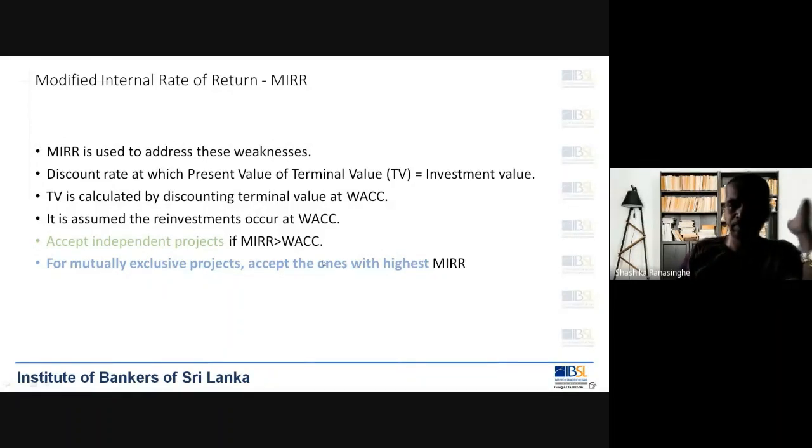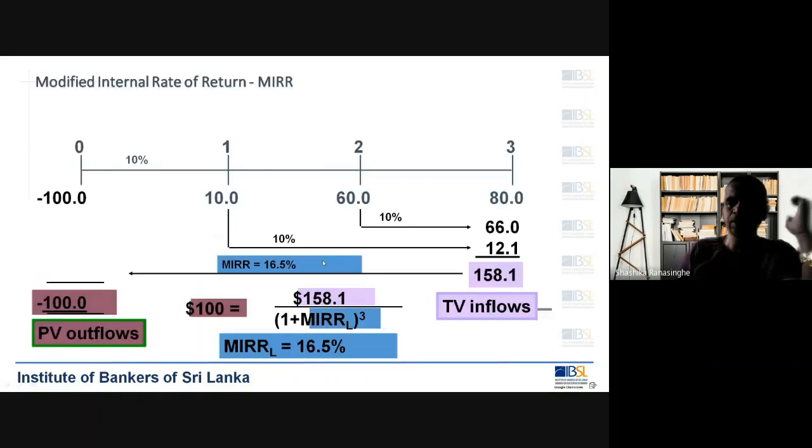So let's try this. This has an initial cash outflow of 100, followed by an inflow of 10. Now, this is the same project that we discussed last week. Second year has a cash flow of 60, third year cash flow of 80. So let's calculate MIRR.